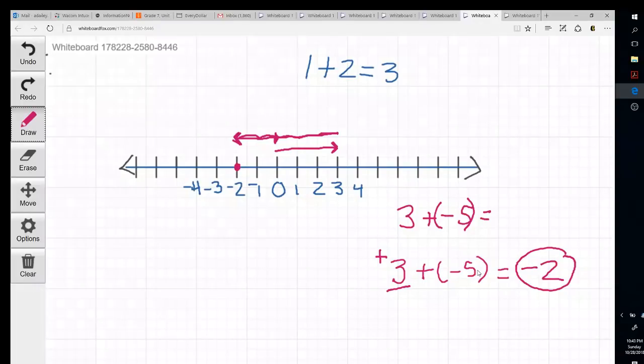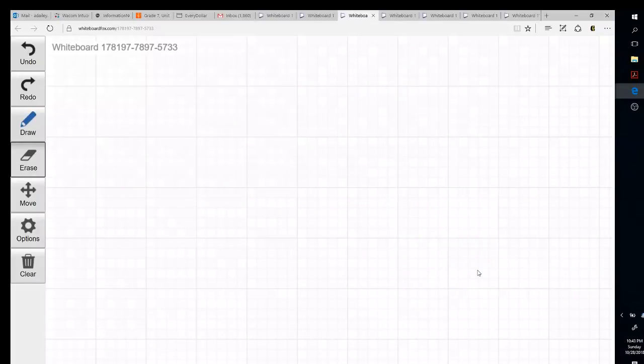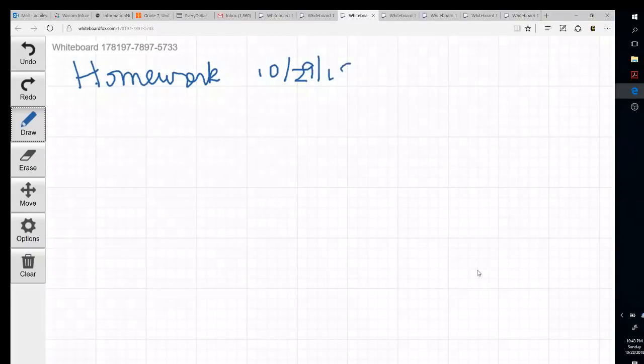Okay, on your own paper, here is your homework assignment, the beginnings of your homework. So for your homework, the date is 10/29. Please put your name on it and the period. So you don't have to write these problems, or the directions, you just have to do it.